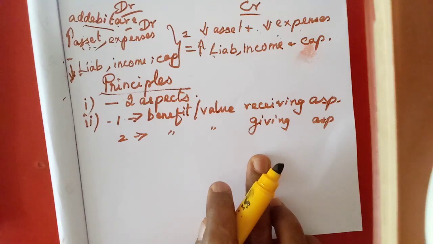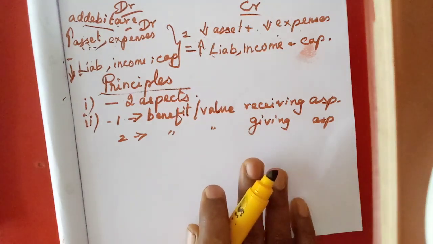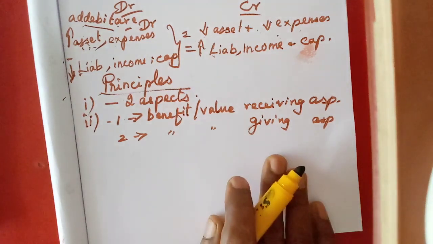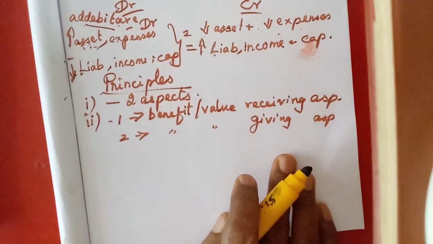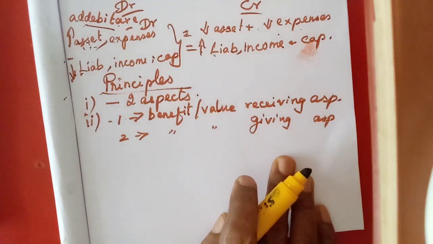If we receive something, we give something also. For example, we purchase land or a house, whatever it is, an asset. We pay cash or we give a check. So we receive something and we pay something. And when we go in a bus, there we get a service, not only goods, service is also included, or any idea. We go to the doctors and get service or some advice from them.